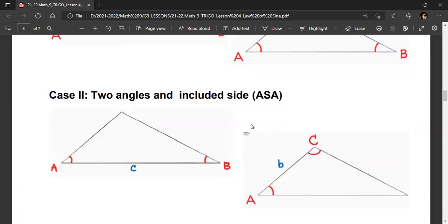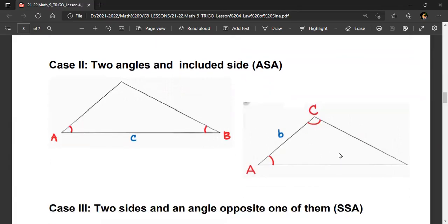Case number two gives us an idea of ASA, where two angles and an included side are given. When we say included side, that side must be in the middle of the two angles. Therefore, angle A and angle B, then there is an included side, which is side C in this illustration.